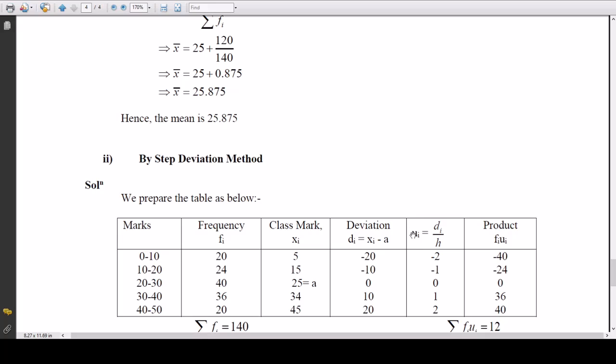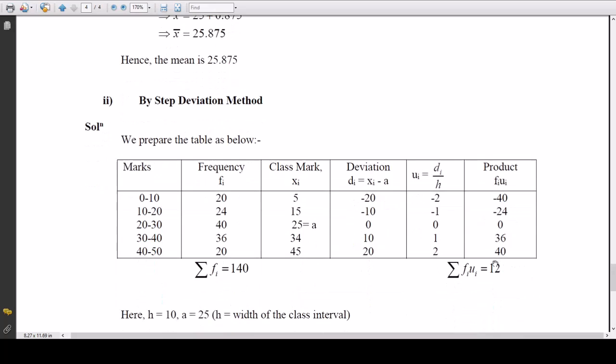In the first method it is fi with xi, in the second method fi with di, and the third method is fi with ui. Now fi with ui: 20 with minus 2, minus 40; 24 with minus 1, minus 24; 40 with 0, 0; 36 with 1, 36; 20 with 2, 40.